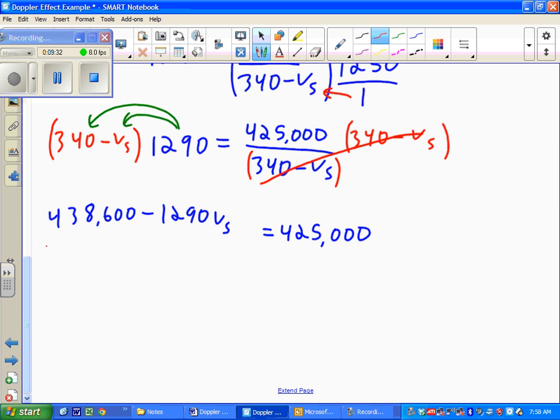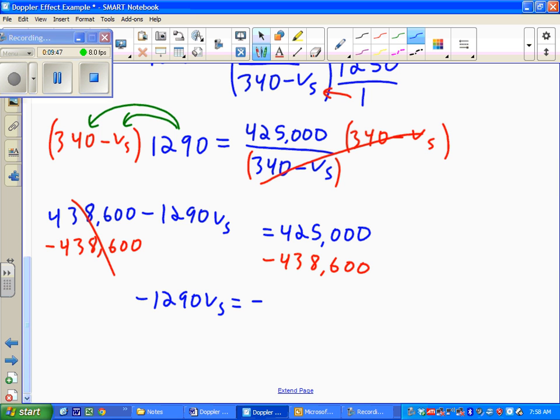And now I'm going to subtract 438,600 from both sides. That'll go away. I'll get negative 1290 Vs equals negative 13,600.